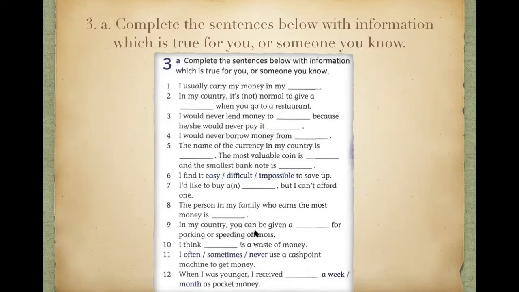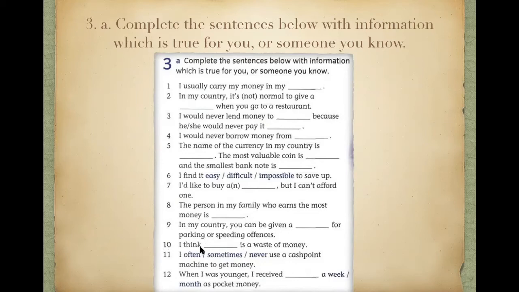In my country, you can be given, do you remember the penalty? A fine. In my country, you can be given a fine for parking or speeding offenses. Then I think, for example, you can say buying flowers.